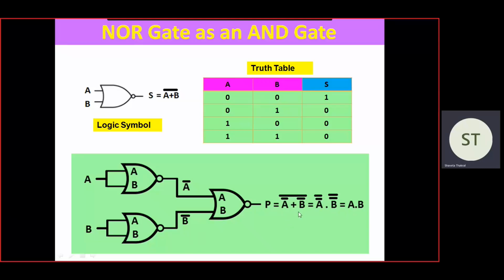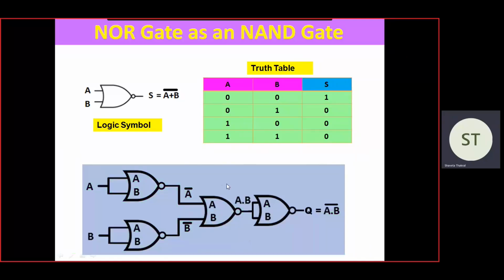So we can apply here De Morgan's theorem. Complement of sum is equal to product of individual complements. So this becomes A complement to the complement dot B complement to the complement, and complement to the complement will get cancelled out. Here we have A dot and here we have B. So A dot B is the Boolean expression of AND gate. So we have verified that this designed circuit is working as an AND gate.